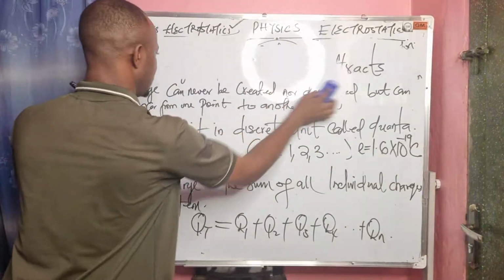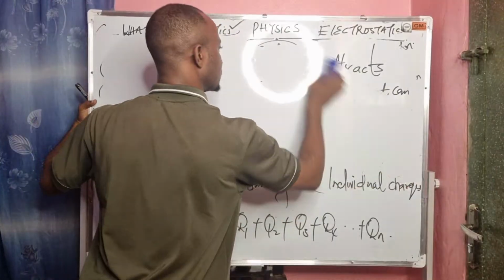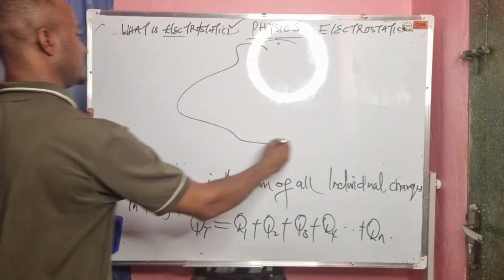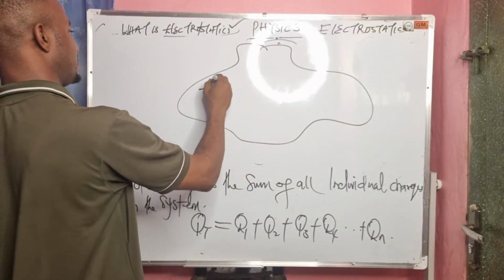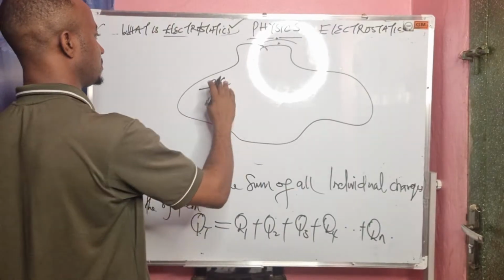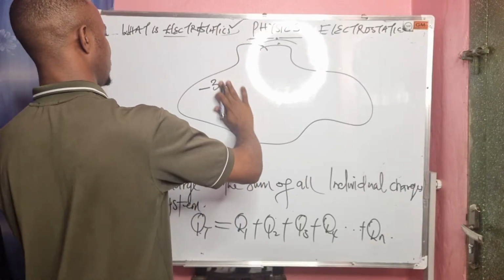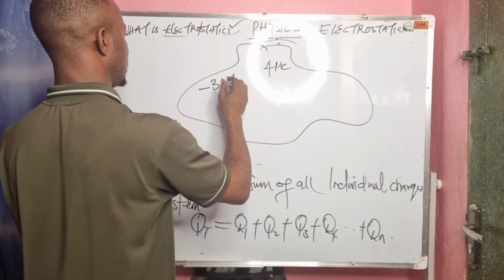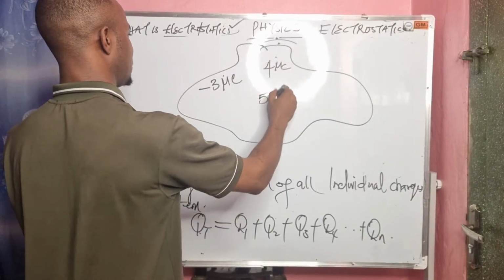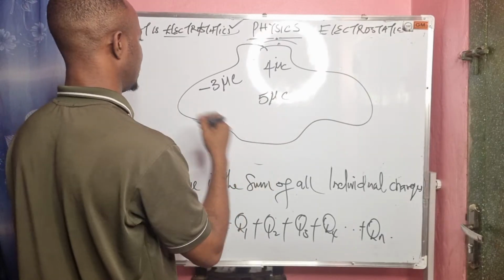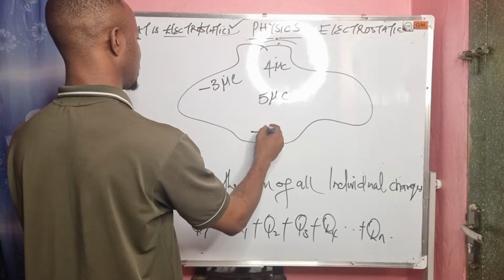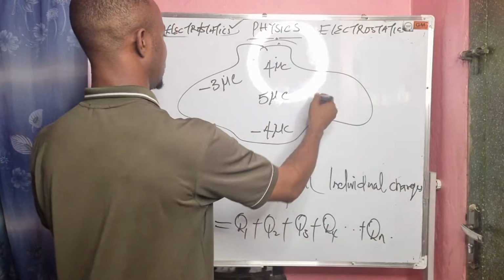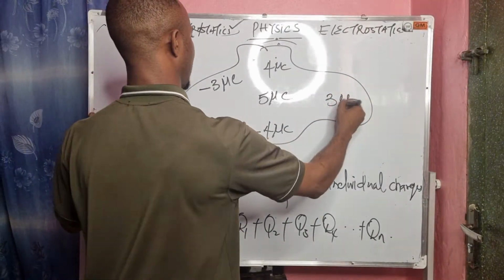If I have a body like this, let's say I have a system of multiple charges. Let's say I have minus 3 microcoulomb, 4 microcoulomb, at this point 5 microcoulomb, here minus 4 microcoulomb, and here 3 microcoulomb.